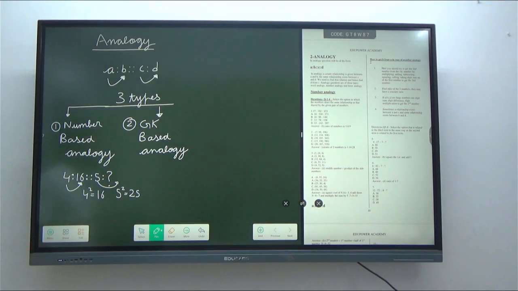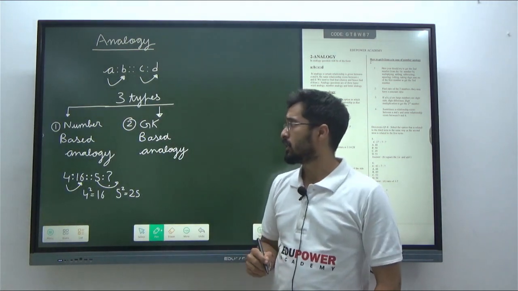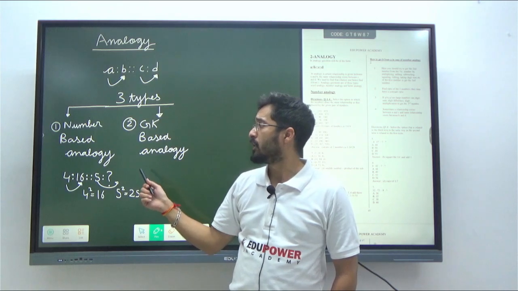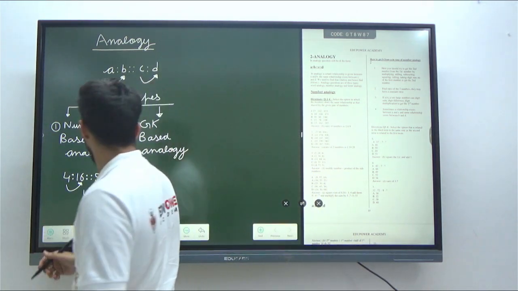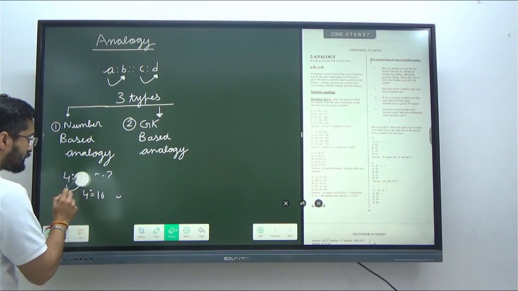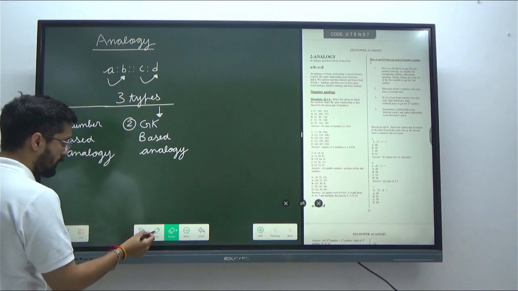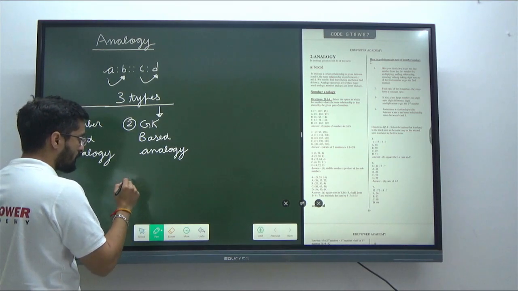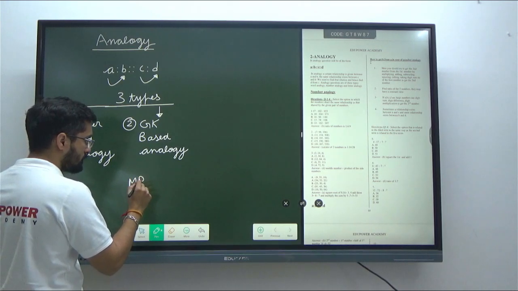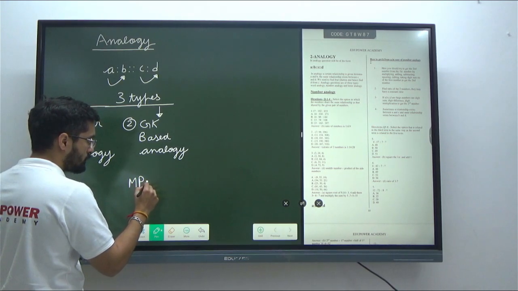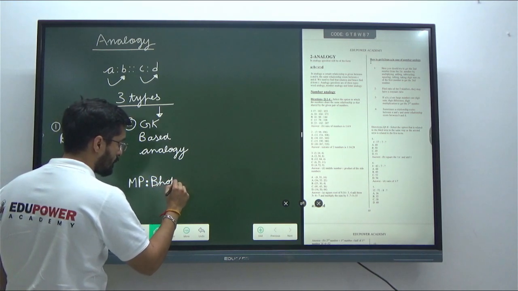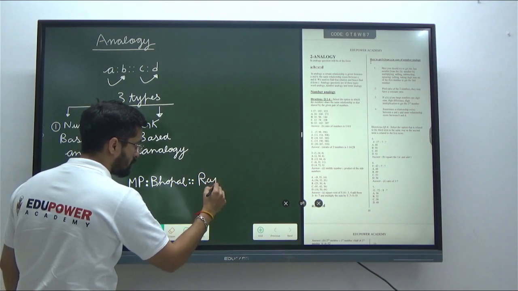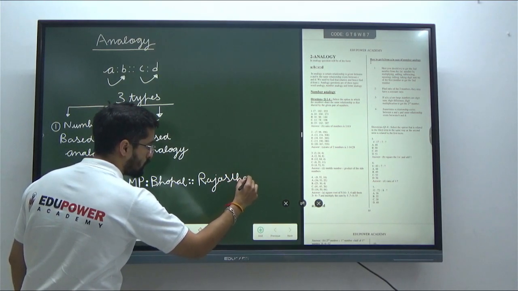In GK based analogy questions, we are given certain pieces of GK in place of A, B, C, D, and we need to find the value of D. For example, MP is to Bhopal, Rajasthan is to question mark.